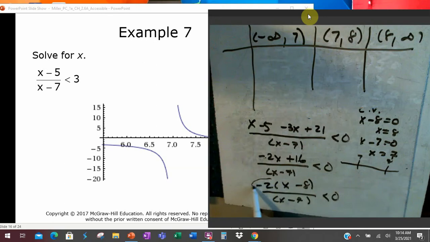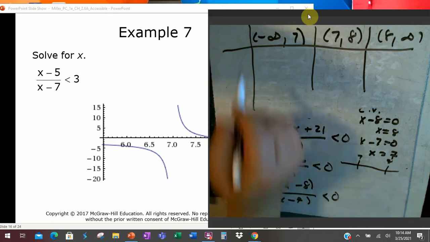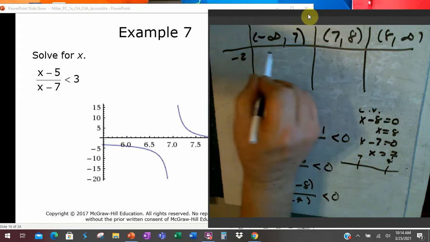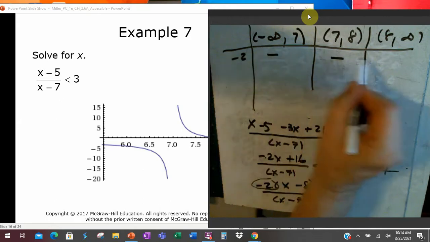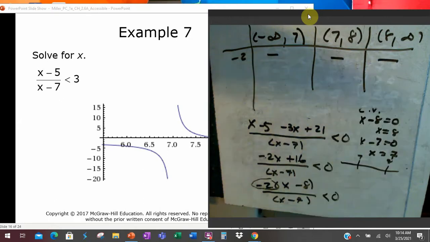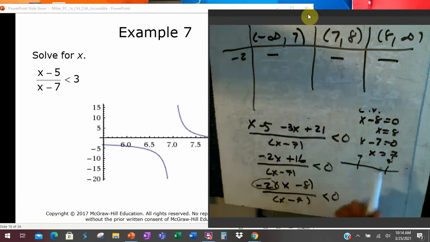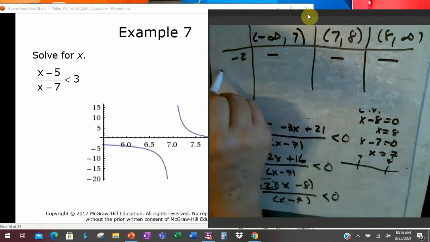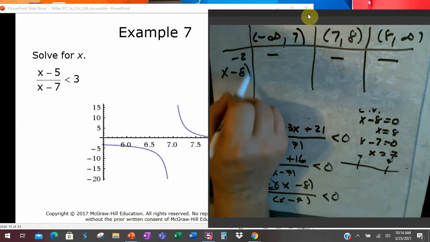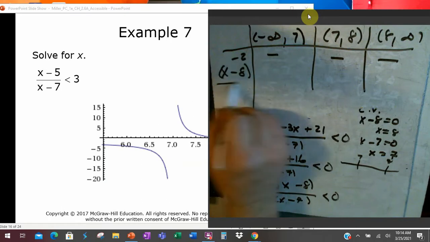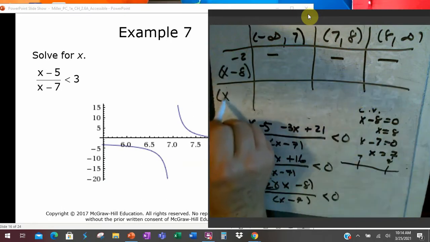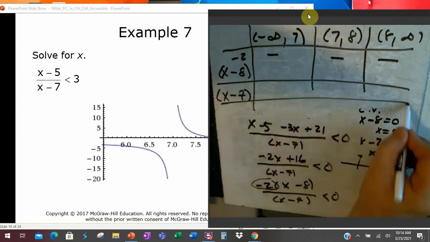And here I have to remember this negative 2. That negative 2 flips everything. That's going to flip the signs all the way across. It's always negative, never changes sign, but that negative needs to be in there for my result. And then I've just got the 2 factors, my x minus 8. I write it like that as a factor. And then x minus 7 as a factor.